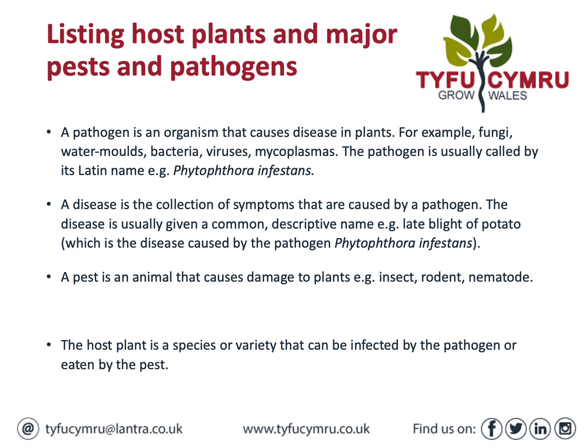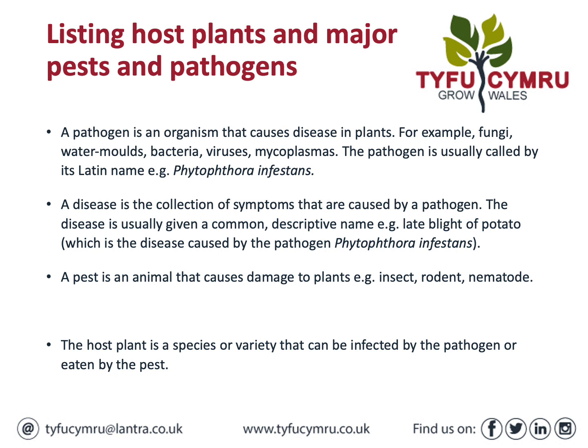So for example here, Phytophthora infestans. A disease is the collection of symptoms that are caused by a pathogen. So that disease is usually given a common name, a descriptive name, for example, late blight of potato. And that's, as in this example, the disease caused by the pathogen Phytophthora infestans. So that's pathogens and diseases.